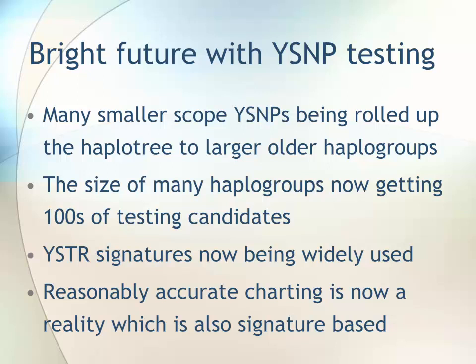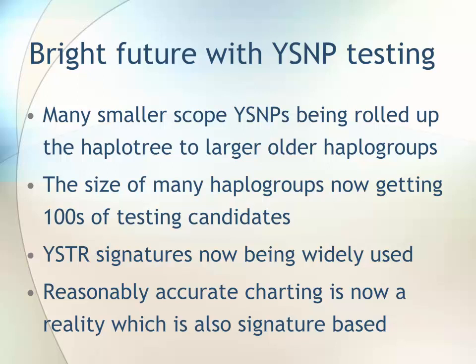And also, there are many haplogroups now getting to be hundreds of testing candidates, and these are the more fortunate ones to have that prolific haplogroup. Not everybody falls in that category, but every day there are more and more YSNP branches that are crossing the 50 to 100 testers, which make ideal candidates for SNP prediction and charting.